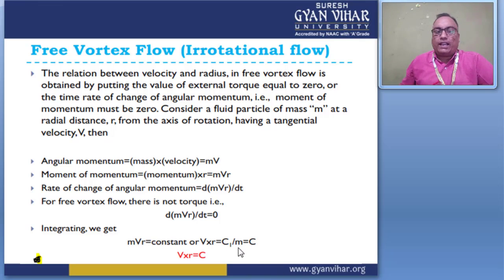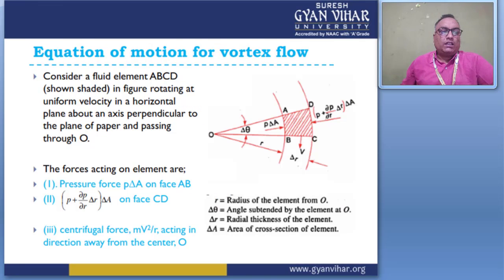Here c1 is a constant, and m, the mass of the fluid particle, is also a constant. So for this free vortex flow, the velocity and r relation gives a constant, means v into r equals c. And this is the equation of motion for vortex flow.